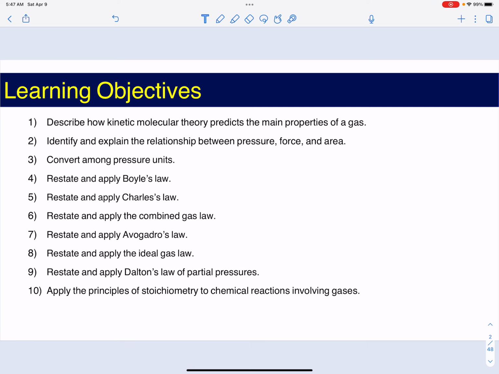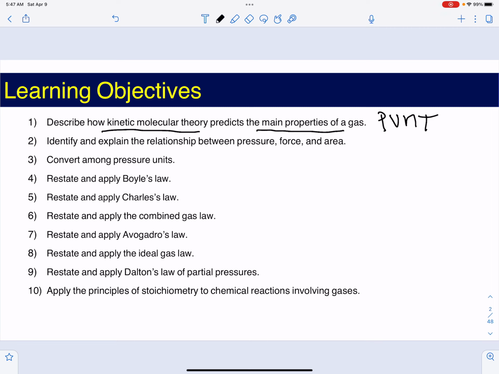So to continue doing that, we are going to be talking about these topics. The first one will be the kinetic molecular theory, which we already mentioned on the first recording. That can be used to describe the properties of gases, which you already know are pressure, volume, the amount, moles or grams, and the temperature.